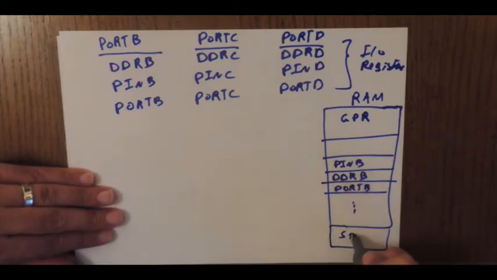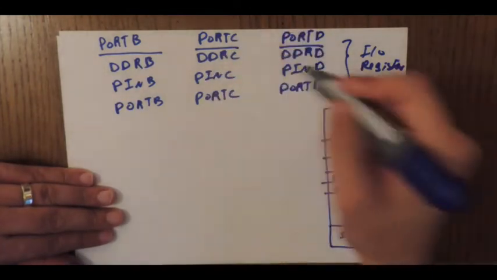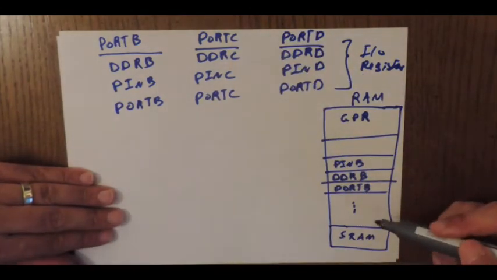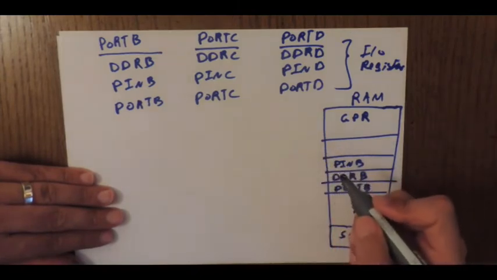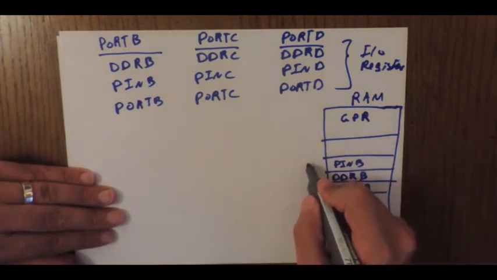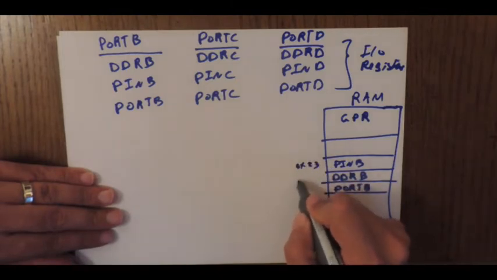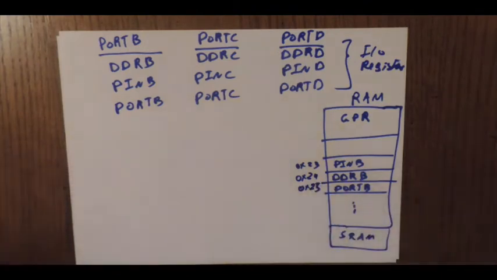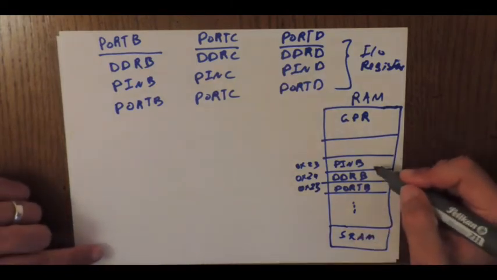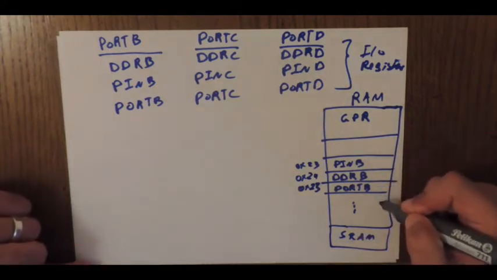Of course, we have the SRAM, and we have the rest of the port C's and port D down there. The address will be here. Well, the I/O 23, 0x24, 0x25. Of course, these are the addresses of the I/O registers for PINB.